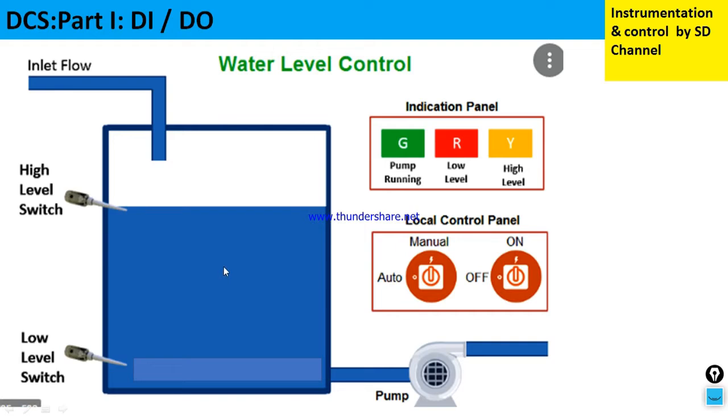For example, if the level is high, the pump will stop, or for example the level is low, the pump will stop. So depending upon the DI, it will control the pump. So this way digital input and digital output can be controlled by the DCS or your flow control.